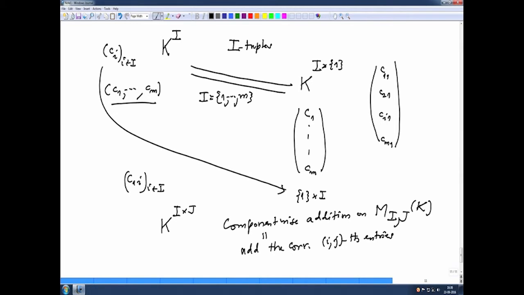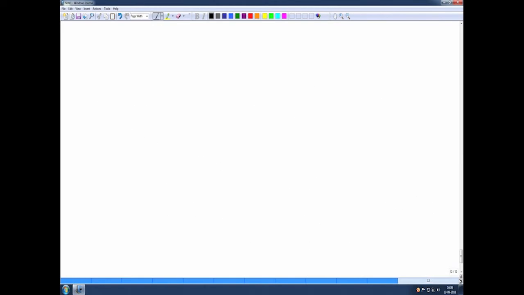Scalar multiplication also component wise. So, it is actually a vector space. So, M I J k is a k vector space. This is called, soon we will check when is it a k algebra, and that will be called a matrix algebra.